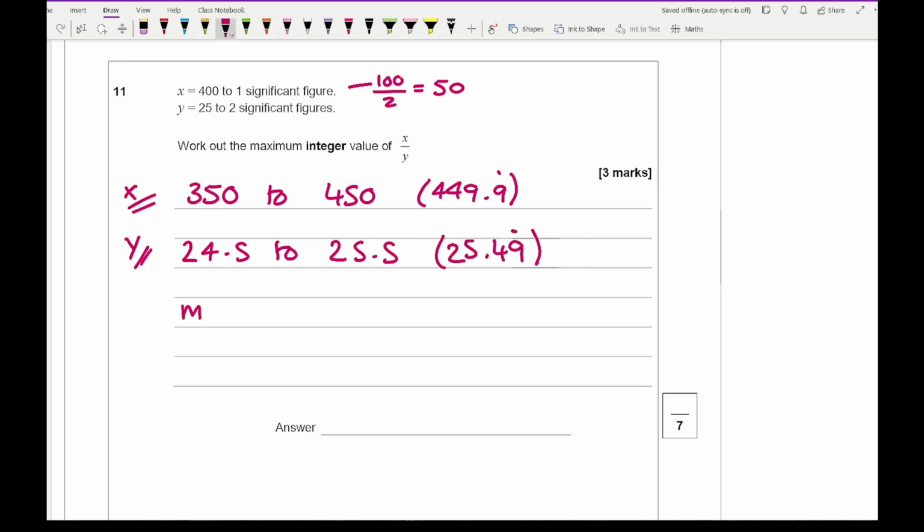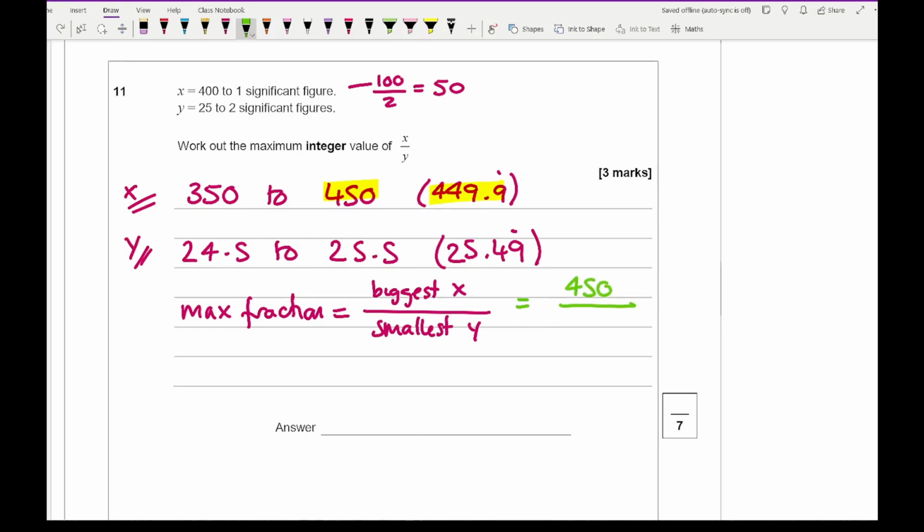Then to get the maximum fraction, we want the biggest x over the smallest y. So if I either go for 450 or 449.9 recurring, whichever you prefer, I'm going to go for 450, divided by the smallest of y's, which is going to be 24.5.